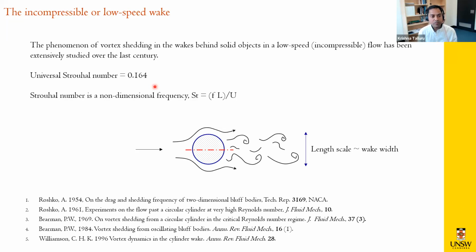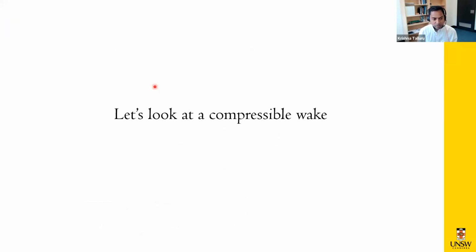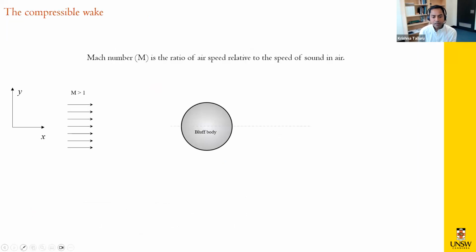Now, the topic of today's presentation or seminar is on compressible wakes, and let's see if such a universality still exists for compressible wakes. Again, a compressible wake is slightly different. I'll go through the same process of how a compressible wake looks.